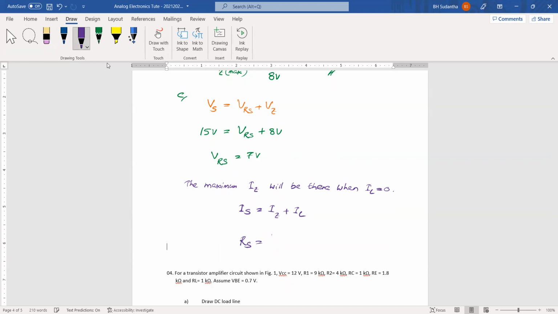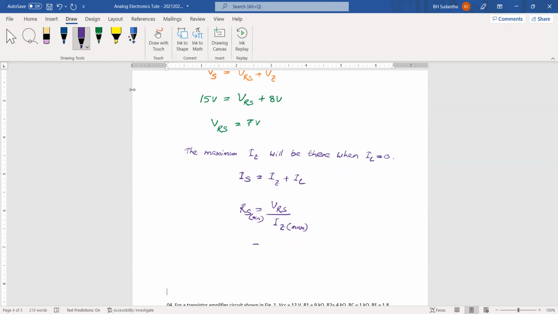Then RS equals VRS divided by IZ max. This is RS minimum value. When the IZ current is having maximum value, at that time we can find RS minimum value.